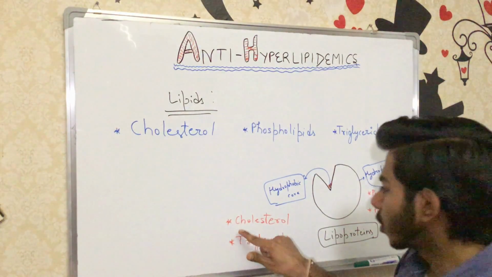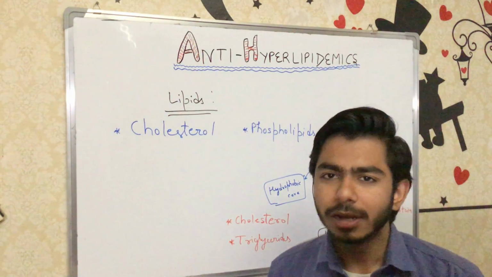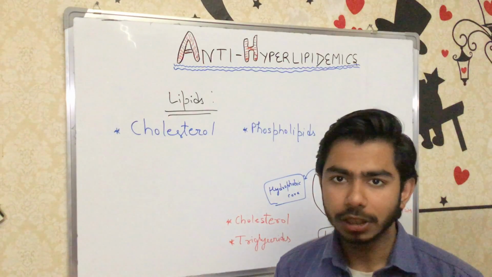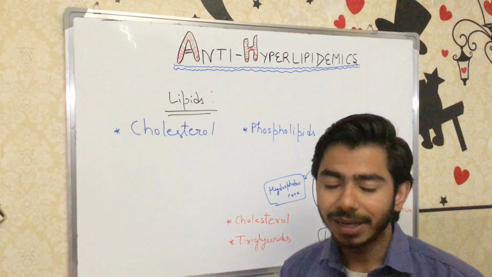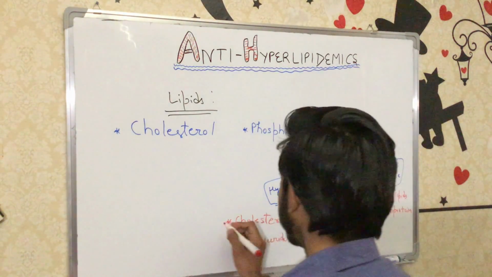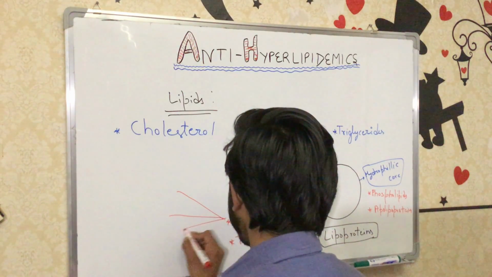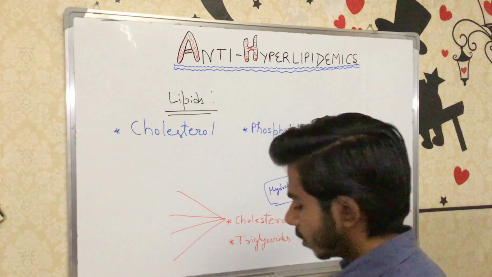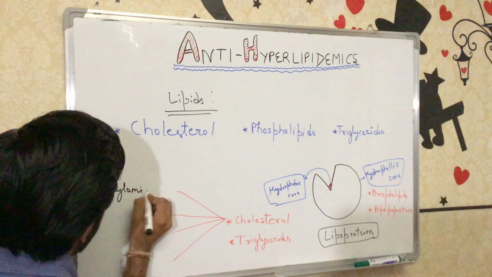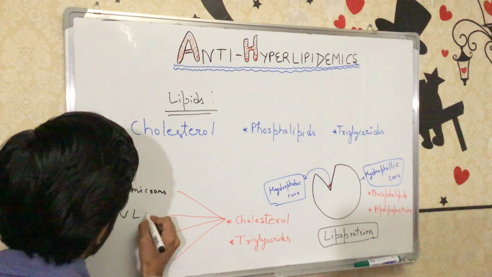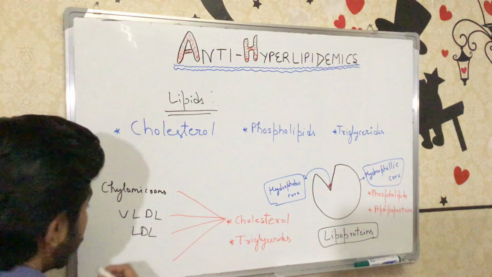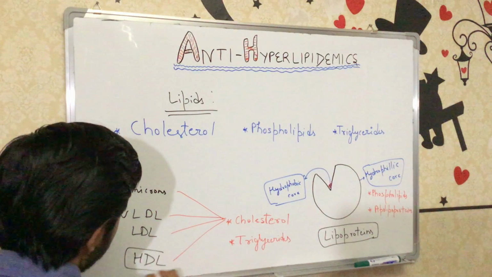Further, if you talk about cholesterol, it has many kinds. Let me write for you the components of cholesterol: chylomicrons, very low density lipoproteins, VLDL in short, low density lipoproteins, LDL in short, and high density lipoproteins, HDL in short.